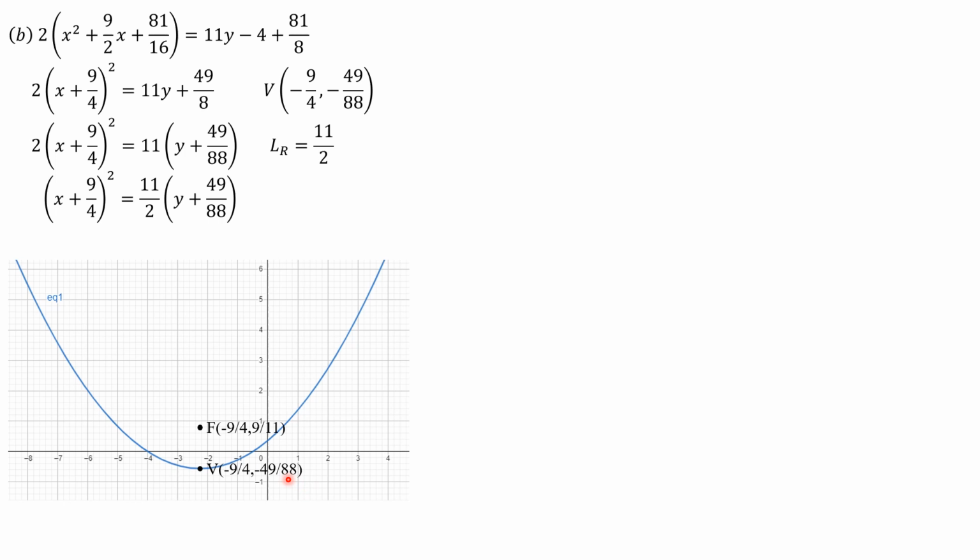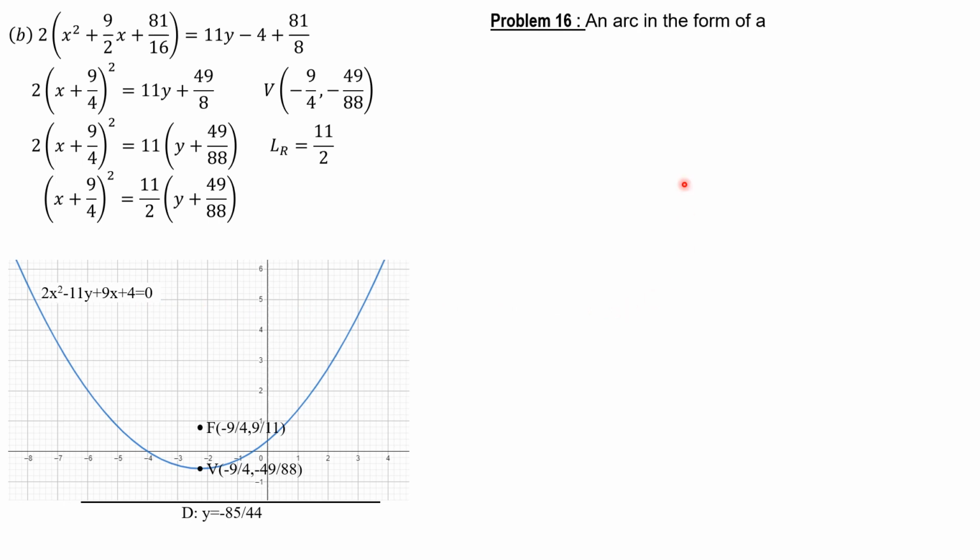It is y equals negative 49 over 88 minus 11 over 8, and that is y equals negative 85 over 44. And this is the graph of the curve 2x squared plus 9x minus 11y plus 4 equals 0.